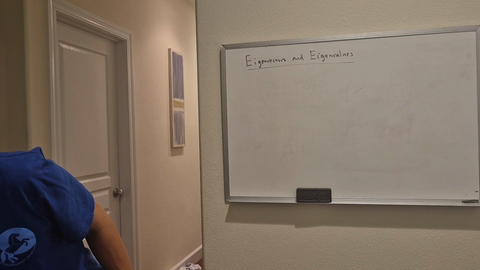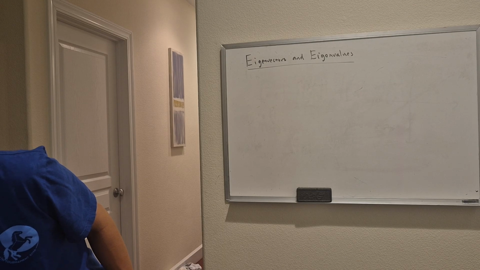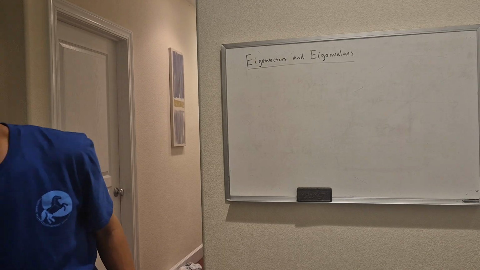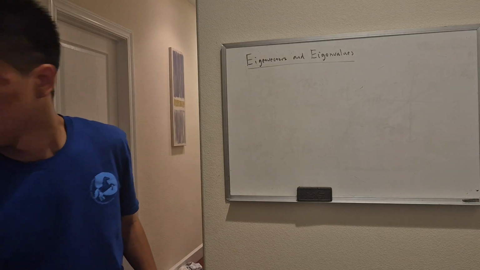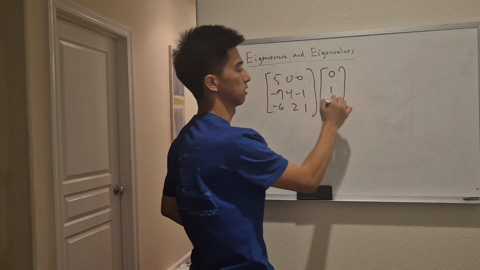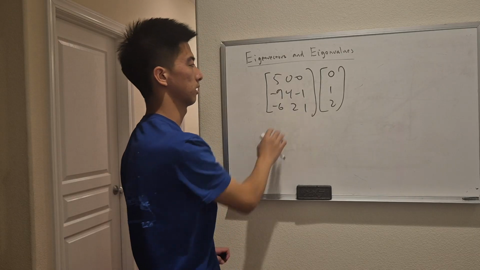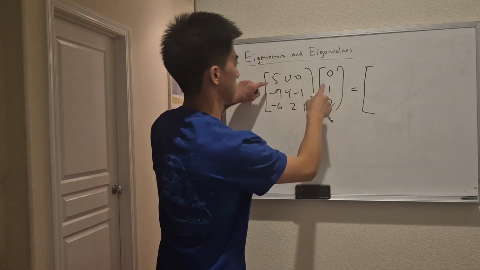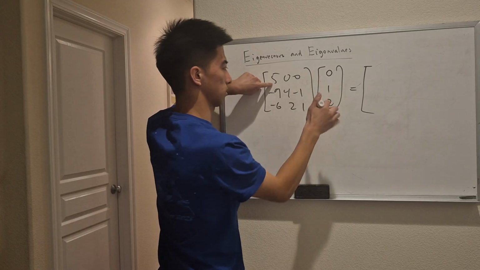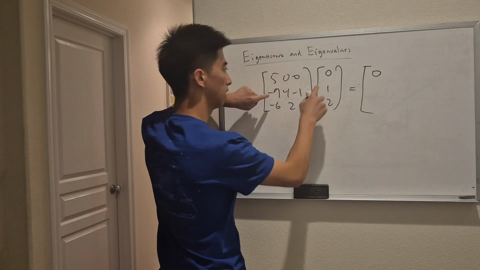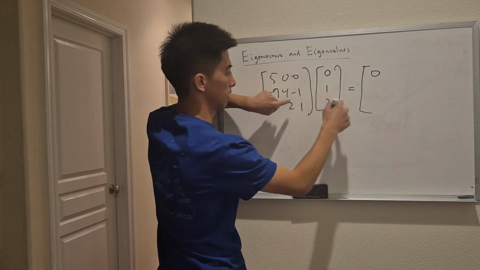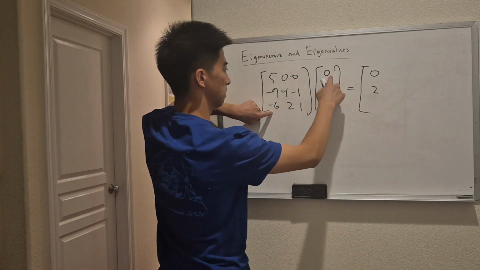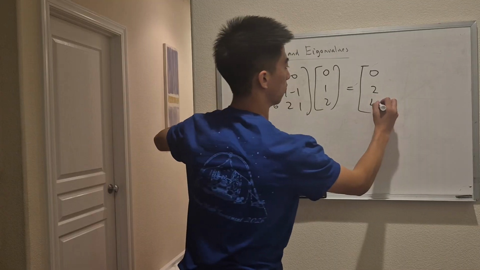So now that we have that, let us see how this works in a 3 by 3 matrix. We want to see if this vector (0, 1, 2) is an eigenvector for this matrix. So again, we do the multiplication. So 5 times 0 is 0, everything else is also 0, so this is going to stay 0. This is 0, 4 minus 2 gives you 2, 0, 2 plus 2 gives you 4.